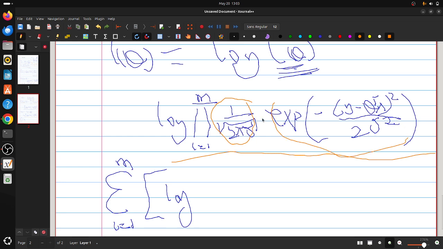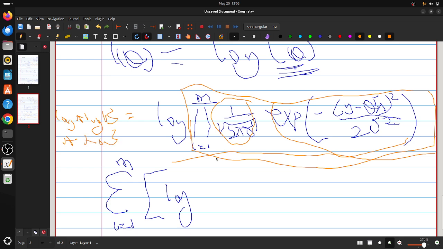It is a product of these two parts, and it's all under the logarithm. Therefore, we take the rule that log A B is the same as log A plus log B.